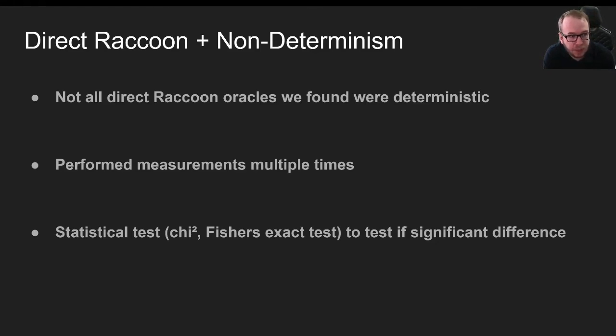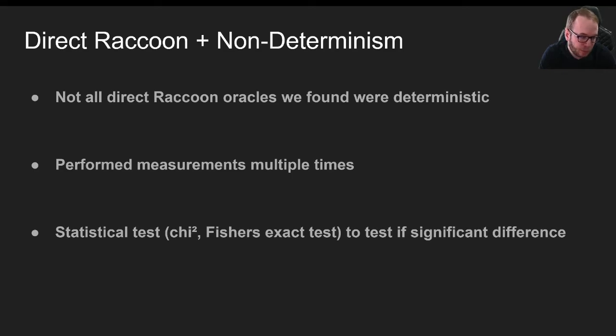And so we had to come up with a technique which also performs well when the server is not deterministic. So what we ended up doing is we performed each shared secret multiple times. So we repeated the same measurement multiple times, and we recorded the connection. We did a statistical test to determine if the responses we got were significantly dependent on the leading 0 byte or not.